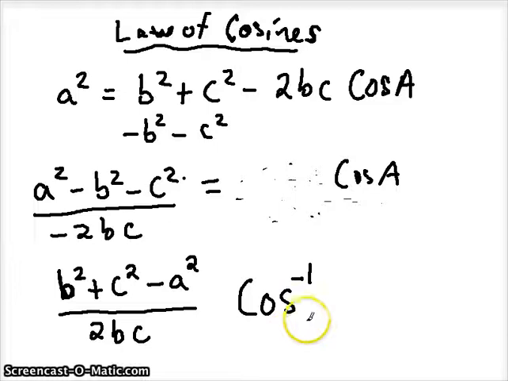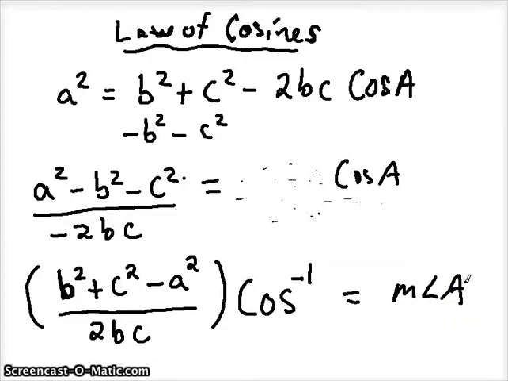So if I do the inverse cosine of all of this, that will equal the measurement of angle A. If you do that with all three of your equations and then have six of your equations there to use whenever you need them, it's a lot more helpful, because in general any book I've ever seen only gives the law of cosines in terms of side lengths. So if you set up all three of those equations in terms of your angle measurement, it's a lot easier to use, and you can just plug things in as you need them.